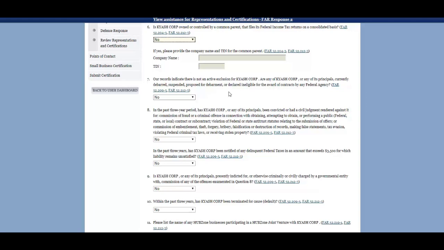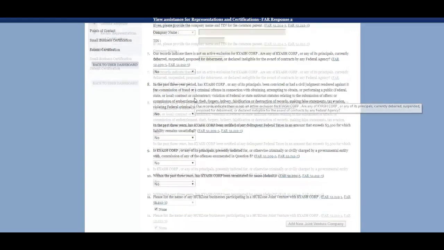That would probably be a whole other podcast in itself, because there are companies out there that get debarred for running afoul of the regulations, because government doesn't particularly care for that. So we have answered no.